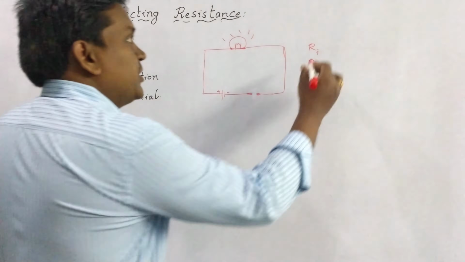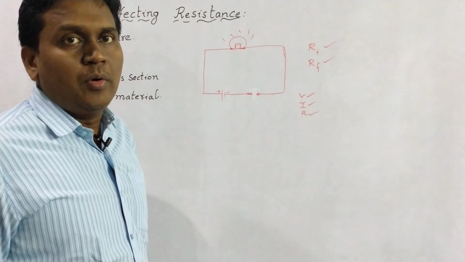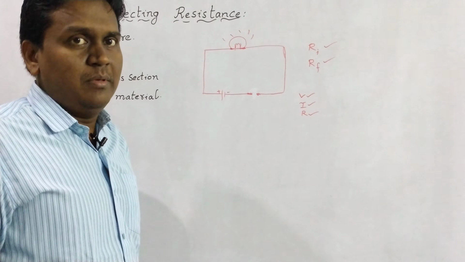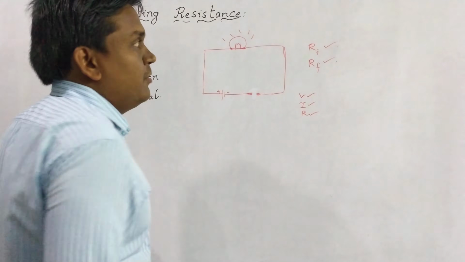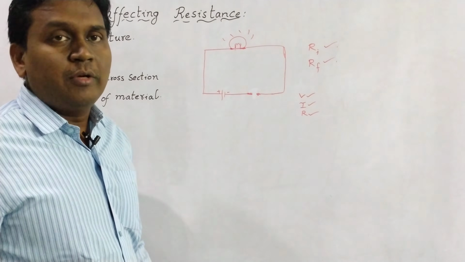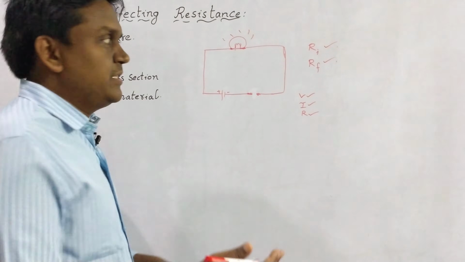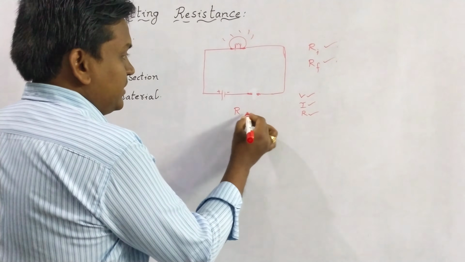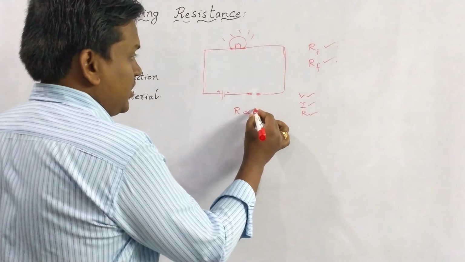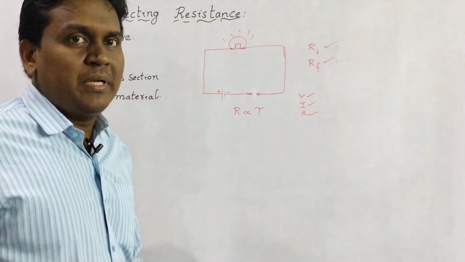If you observe the two readings, before glowing the bulb and after glowing the bulb, you can observe the change of resistance: the resistance of the bulb increases. So by this we can say that the resistance is directly proportional to the temperature.